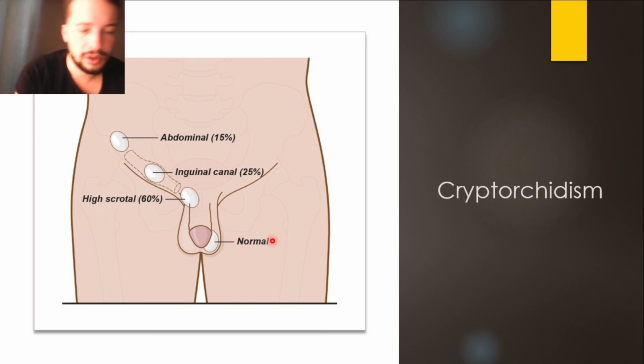Cryptorchidism. Undescended testes are a common finding, and treatment is based on the location and presence of the testicles. Ectopic palpable testicles require surgery. A retractile palpable testicle should be watched closely until puberty in case it returns to the abdomen.